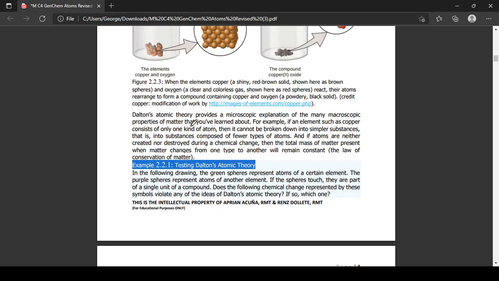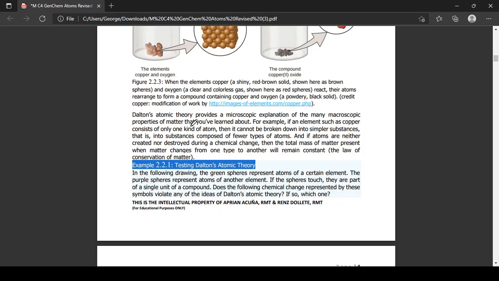For example, if an element such as copper consists of only one kind of atom, then it cannot be broken down into simpler substances. But is it a pure element or not?